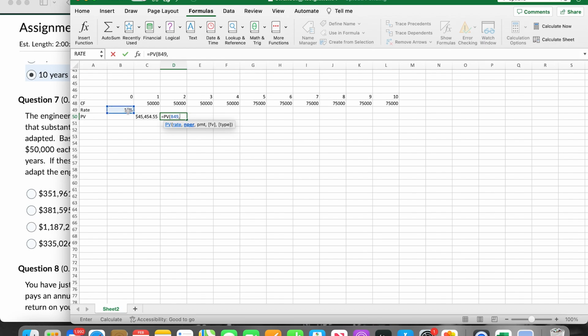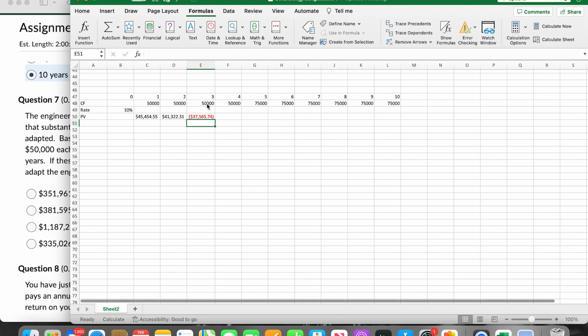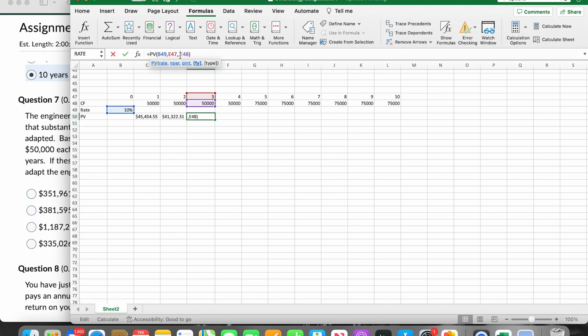Period, no payments, negative $50,000. And while there is a way to shorthand this to ensure that I don't do any calculations wrong on my part, I am doing it all by hand.